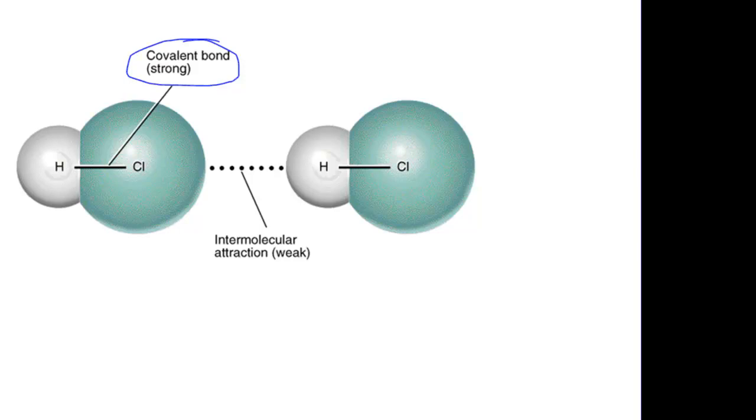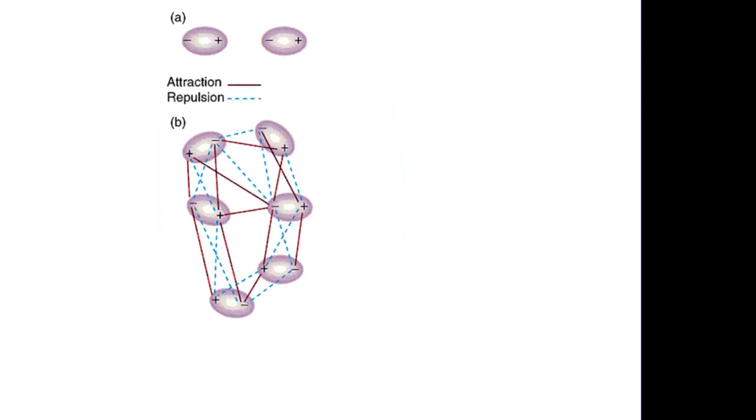However, the hydrochloric acid in the liquid form or the solid form is held together by the attraction between the charge on the hydrogen and the charge on the chlorine. It's an intermolecular force. You'll see here on this slide it also does mention that it is significantly weaker than a bond, and we'll see those values in a few minutes.